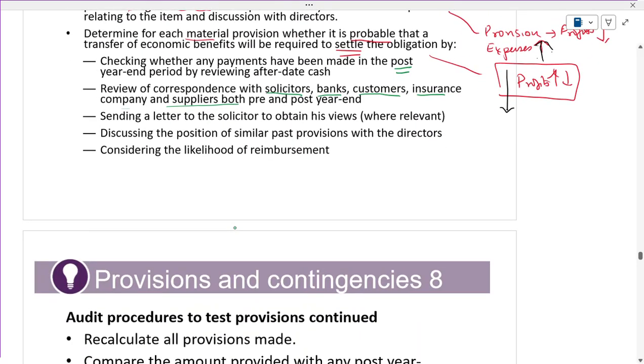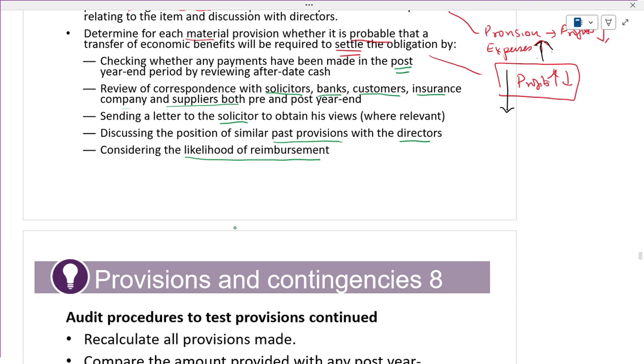Send a letter to the solicitor, who is nothing but the legal team, to obtain his views. Any explanation we require, we can ask for it. Discuss the position of similar past provisions with the directors, considering the likelihood of reimbursement.